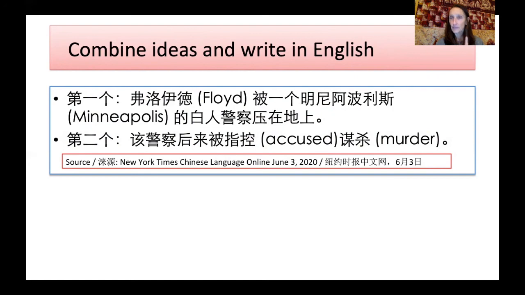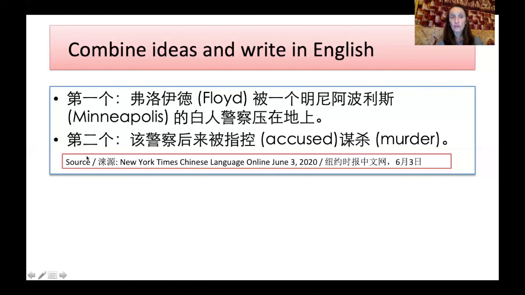So that's the first idea. I don't want to put the sentence in English because I want you to put it in English. And the other idea is 该警察后来被指控 which means accused 谋杀.